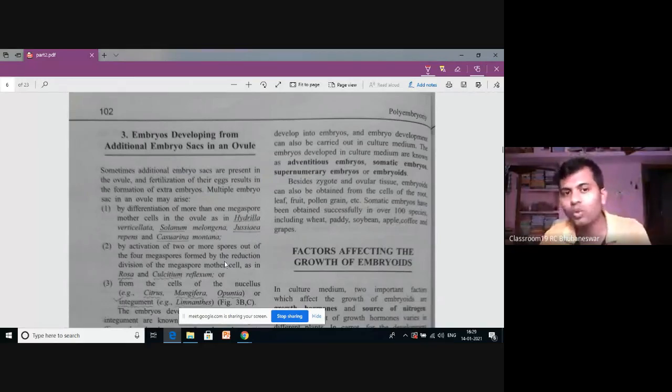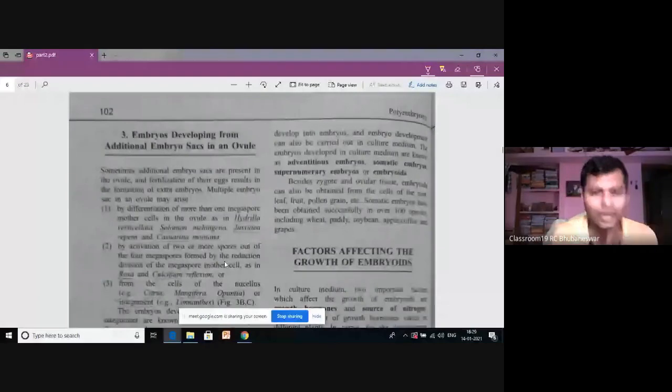As you know, usually only one survives, the micropylar one, and the three chalazal ones die. In the last class we discussed that if out of the four, two survive and two die, the two that survive develop into embryo sacs.